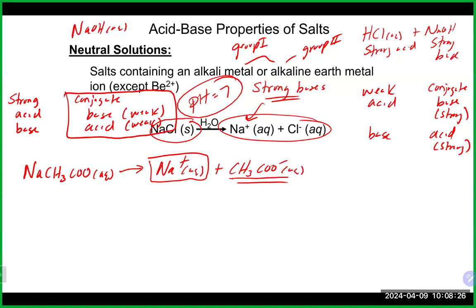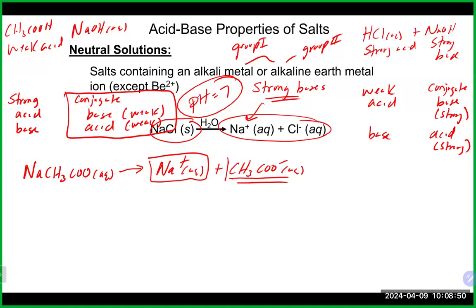Acetate most likely came from what acid? Acetate most likely came from acetic acid, which is a weak acid. And that's probably the acid and base that came together to produce this salt of sodium acetate.